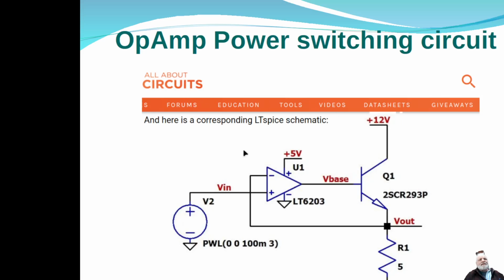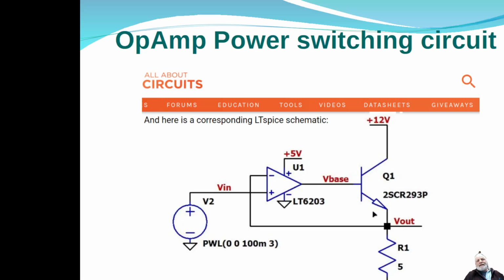So again, this is referred to as a voltage follower here because you're feeding back this voltage. So if you put a voltage of say 5 volts in here, then you're going to get 5 volts right here at Vout. You might not get 5 volts at the base, but you're going to get 5 volts at Vout.